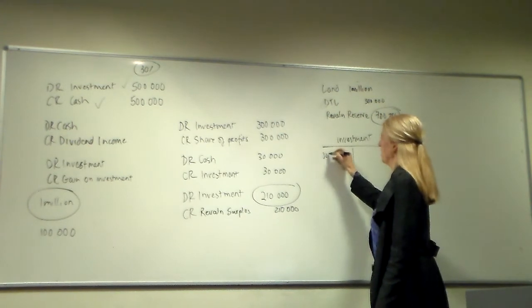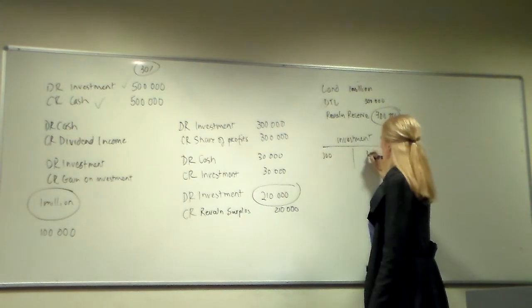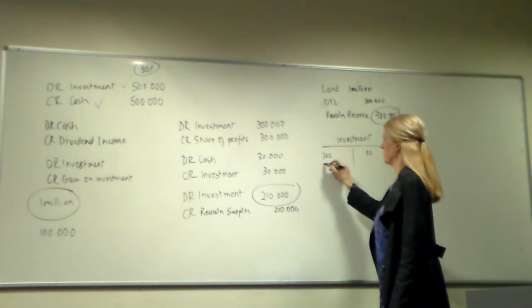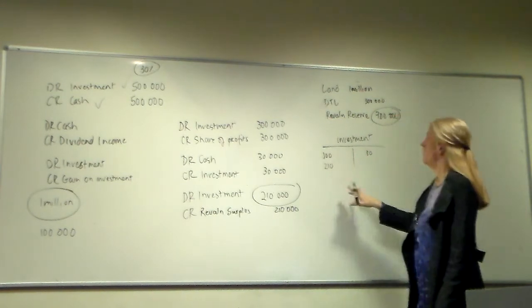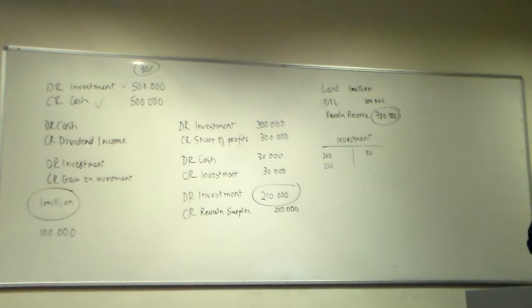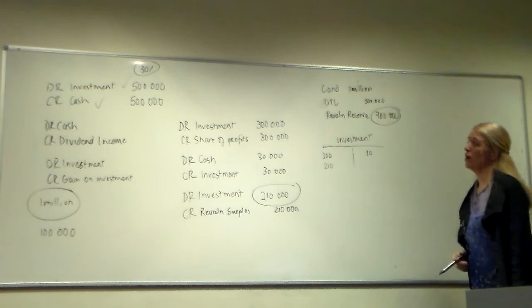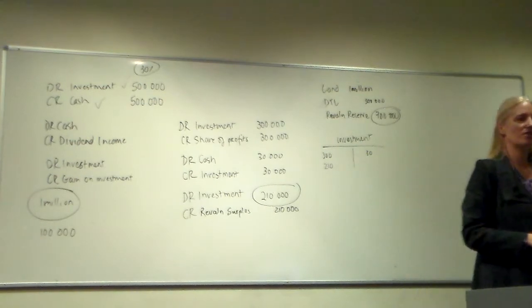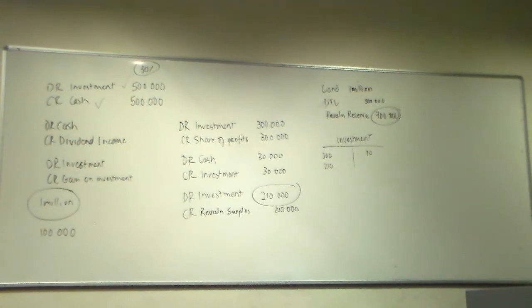So we've got 300 here, credit investment 30, debit investment 210, so 510 minus 30 is 480. The value of the investment in your balance sheet is going to now be 480. Okay, so that's quite a nice increase after you've purchased it for 300,000.